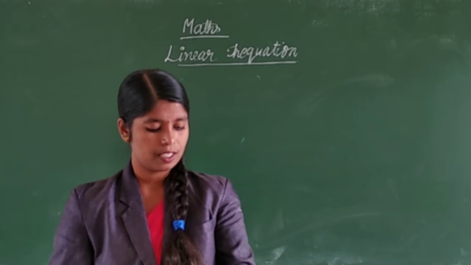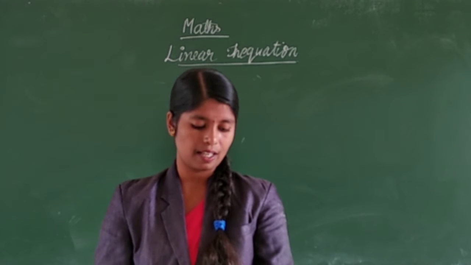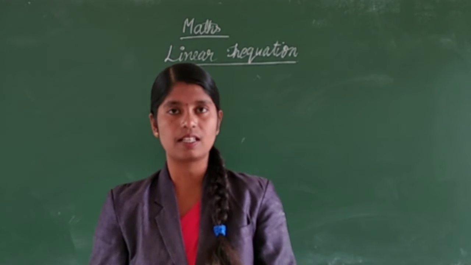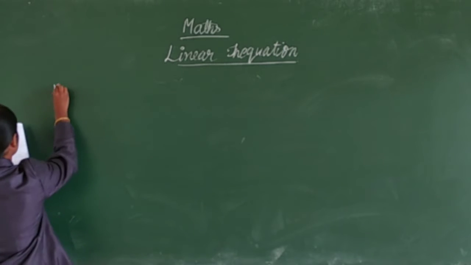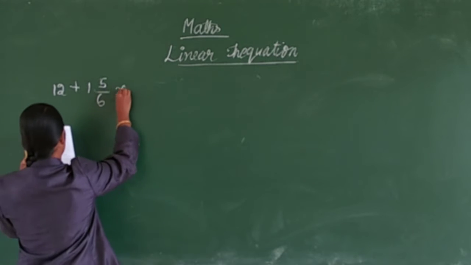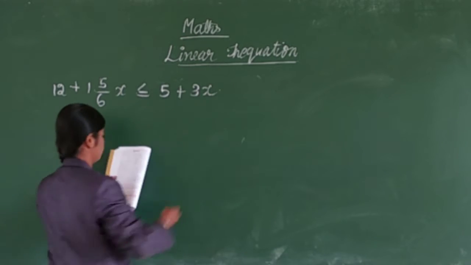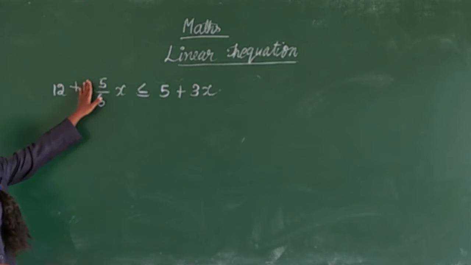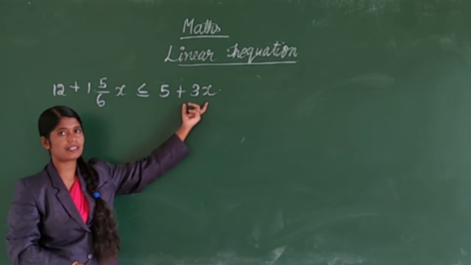Next, 10th one, solve the inequality 12 plus 1 5 by 6x less than or equal to 5 plus 3x, and we should represent the answer in the real number set. The plus 3x has x.